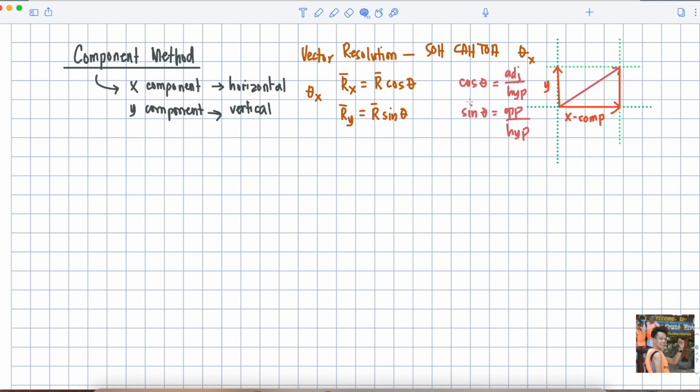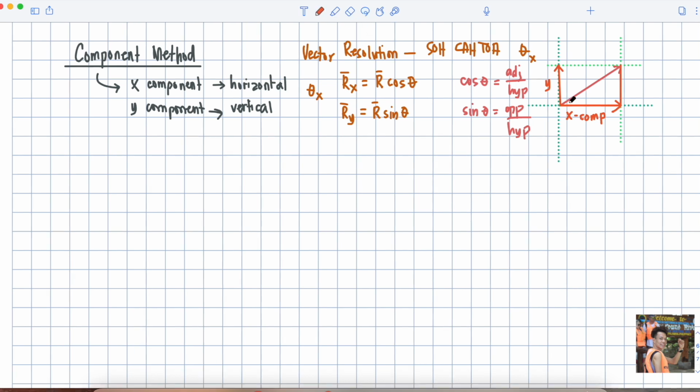Now, our angle is measured along the x-axis. Then this is our opposite side, which is also equal to the y component. And this is our adjacent side, which is equal to the x component, while the vector is the hypotenuse of the triangle.